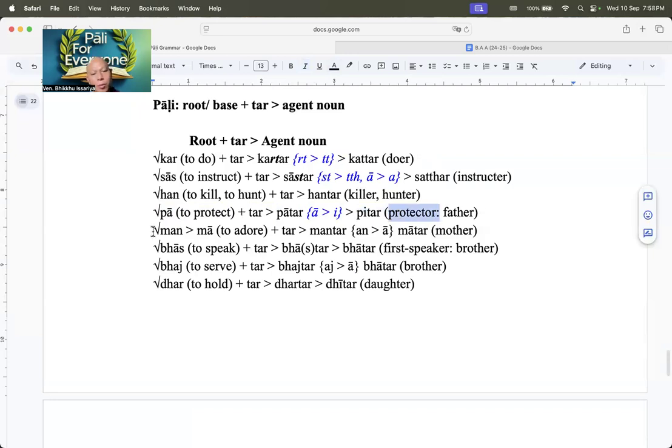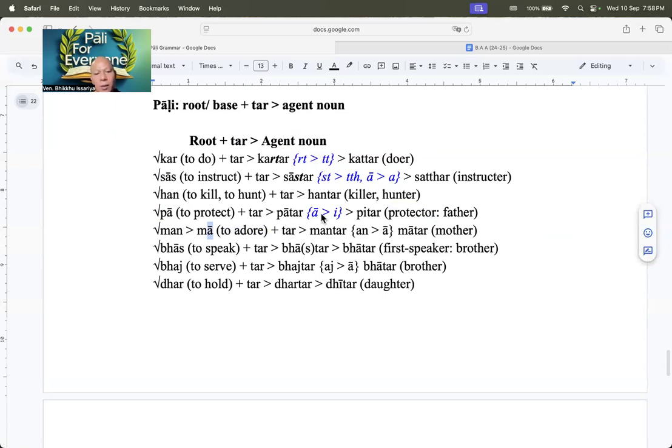And then the root man means to adore. So here you see in Rajan, Atman, Brahman also, this change to the long vowel. So in Pali, such a change can happen in every way, one consonant and one short vowel changing to the long vowel.